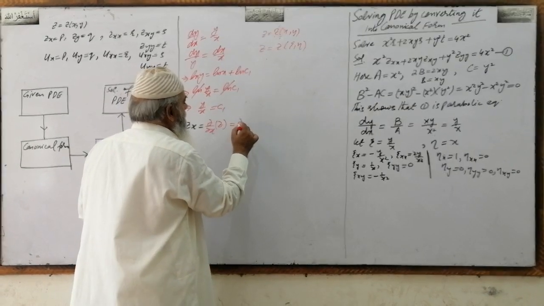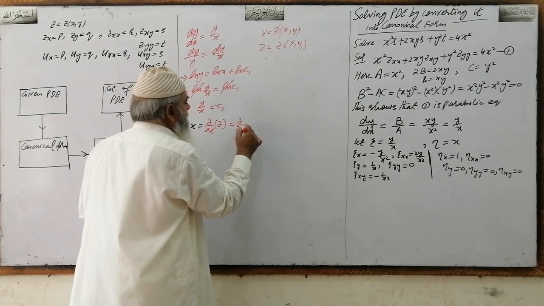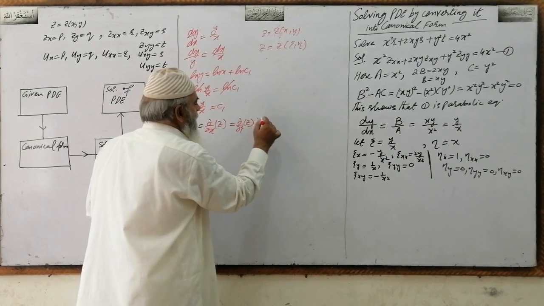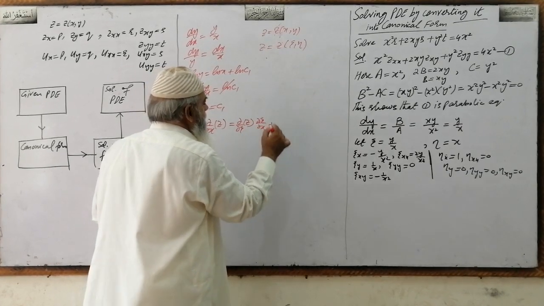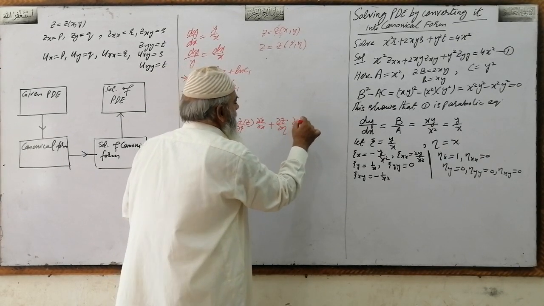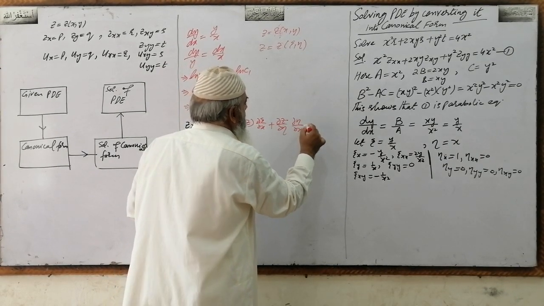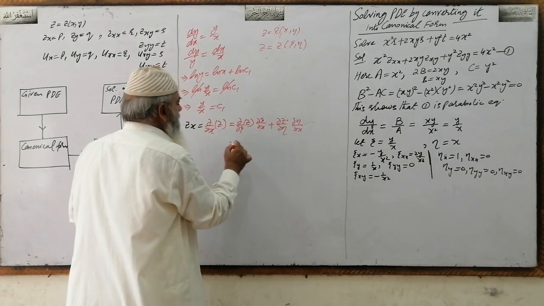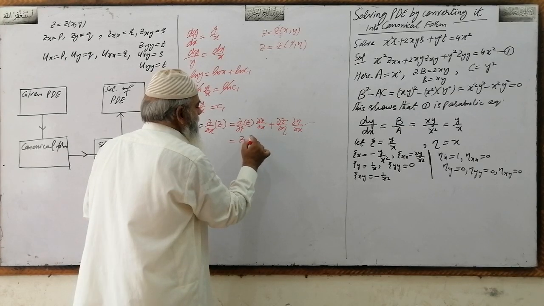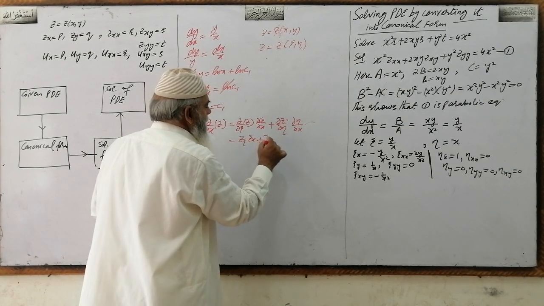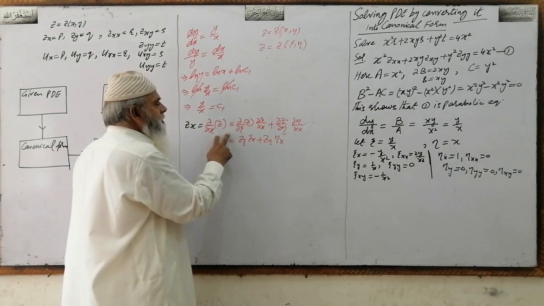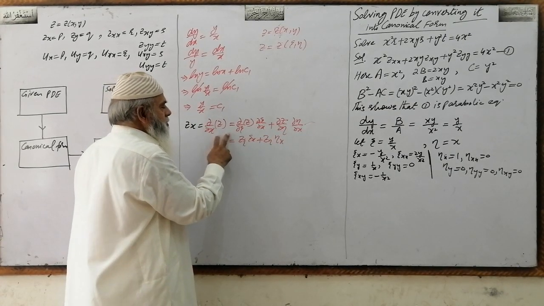We take the derivative of z with respect to xi, and then to compensate, we have partial xi over partial x, then partial z over partial eta, and partial eta over partial x. In short, we can write it as z xi times xi x, plus z eta times eta x. Here we have applied the chain rule.